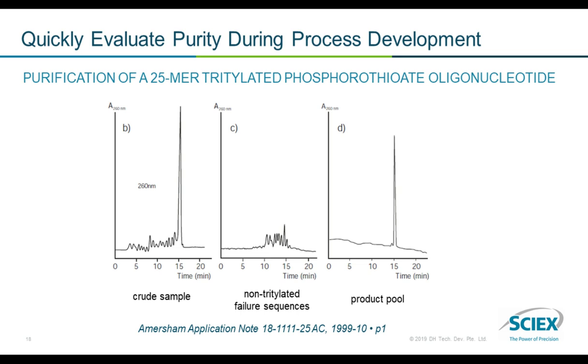And this is a failed sequence where we didn't make the oligonucleotide correctly, and you see lots of impurities there. And this is the final product pool, and you have the major peak here, and there is a minor impurity present in the sample.